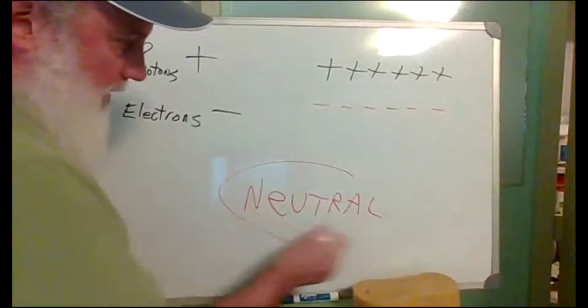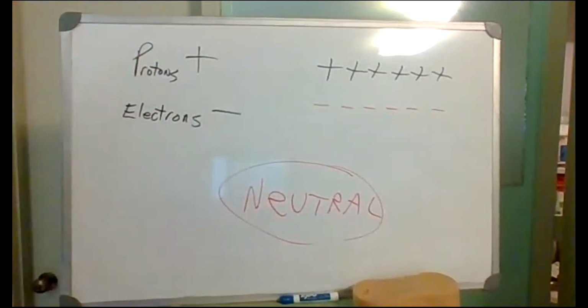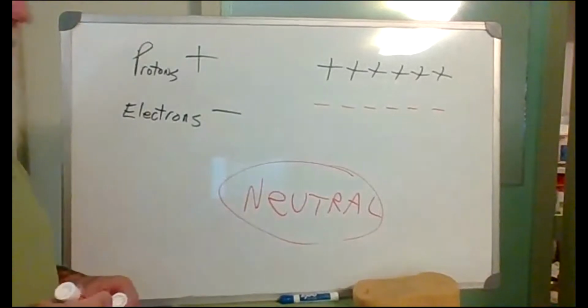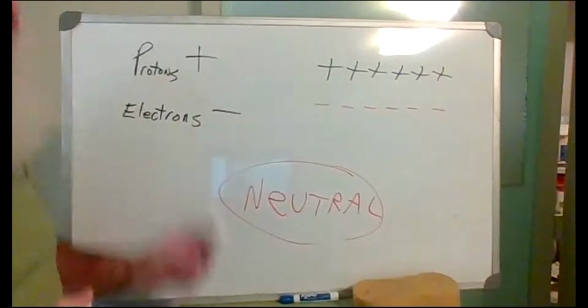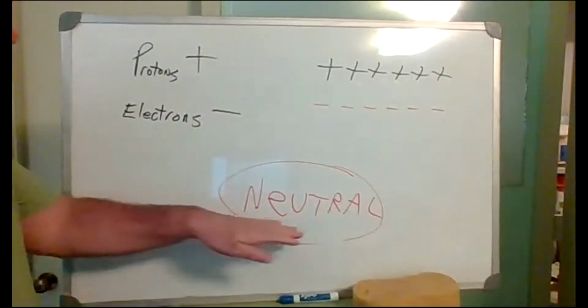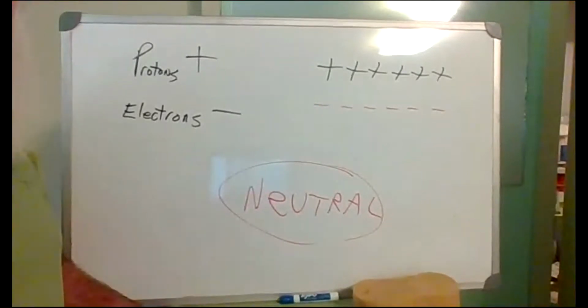So if the atom is neutral, the number of electrons must equal the number of protons. If you don't know that it's neutral, you have no idea how many electrons it has.